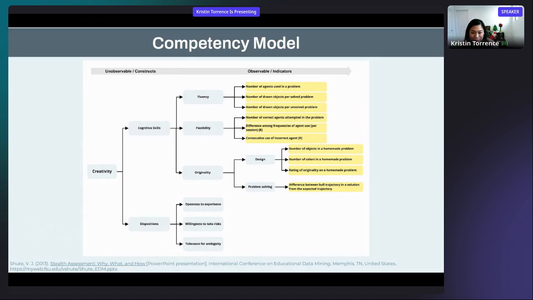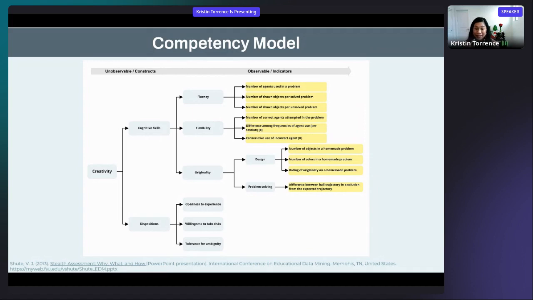Well, that was actually a trick question because it's actually neither of those. So we are, in a sense, able to infer dispositions using cognitive skill observable indicators. And really, that's the beauty of these competency models representing probabilistic relationships, is that the inferences can really move both ways. So the inputs in the form of empirical evidence comes from the observable indicators, these here in the yellow, and those enable us to infer the level of proficiency, flexibility, originality, and thus predict cognitive skills and predict level of creativity.